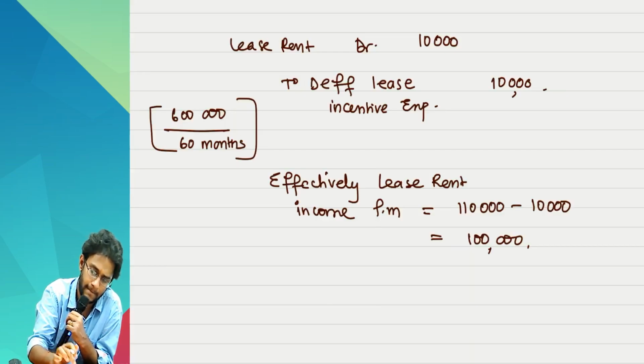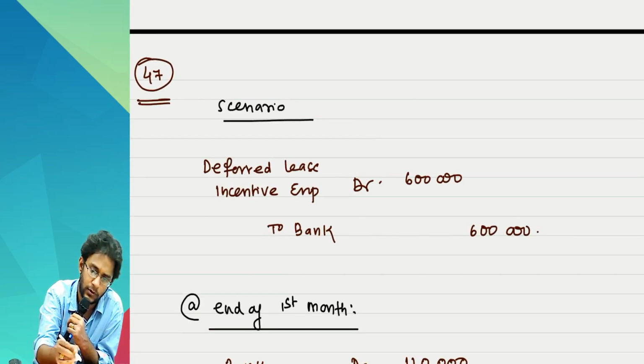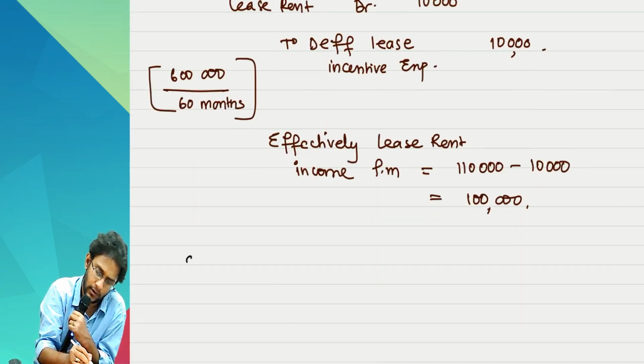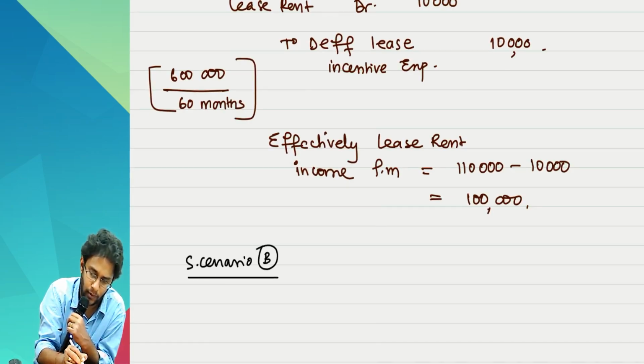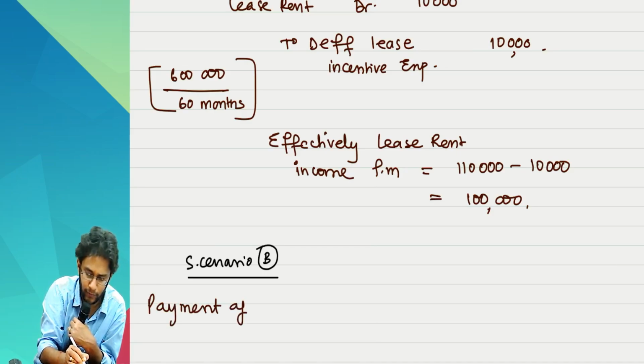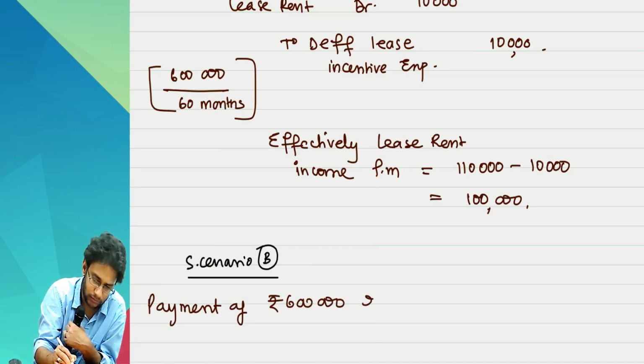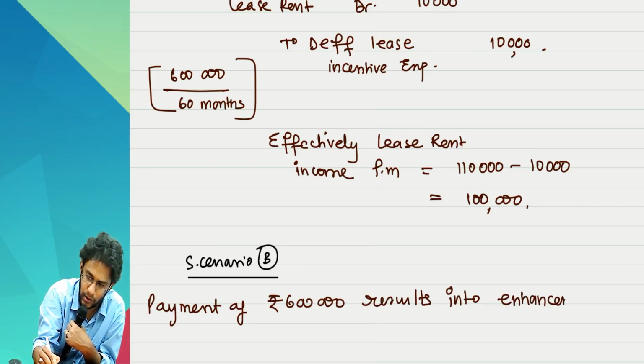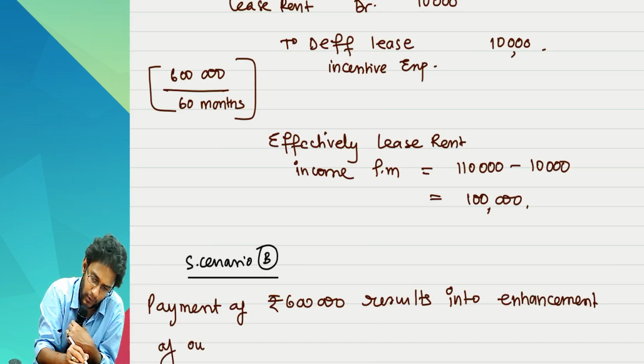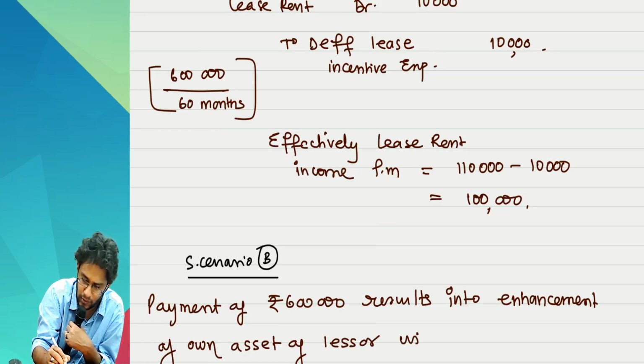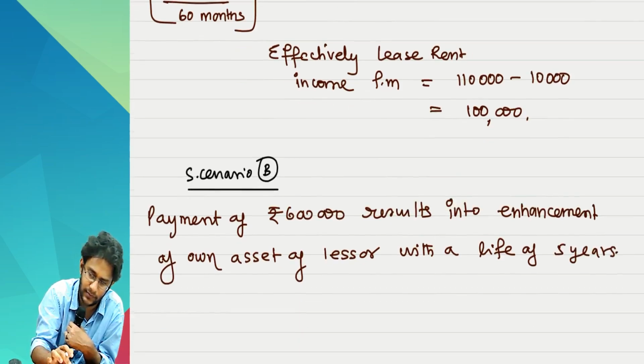So anyway, scenario B. Payment of rupees 6 lakhs results into enhancement of own asset of lessor with a life of 5 years.